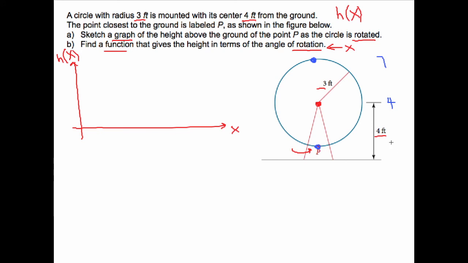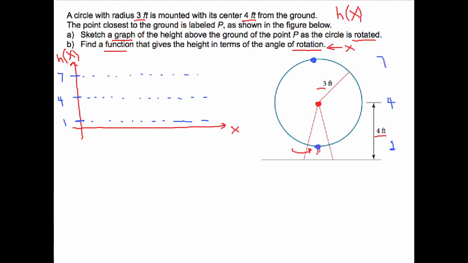And the minimum height would be 1 foot. 4 minus 3 is 1. Well, what does this give us? This gives us a minimum, midline, and a maximum value bounding our trig function. So I'll write 1 foot, 4 feet, 7 feet. Then I'll just dash these particular outputs to assist me in graphing.